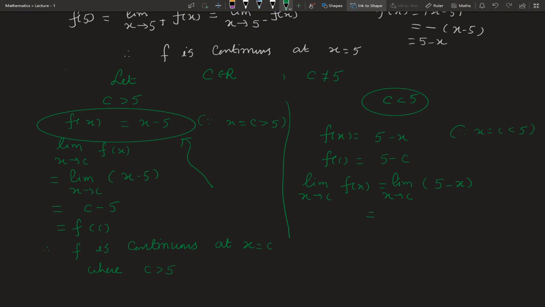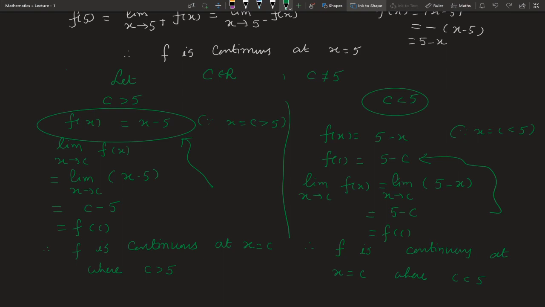To evaluate this limit, put x equal to C, this is 5 minus C, and this is nothing but f of C. Therefore, the conclusion is f is continuous at x equal to C, where C is less than 5.